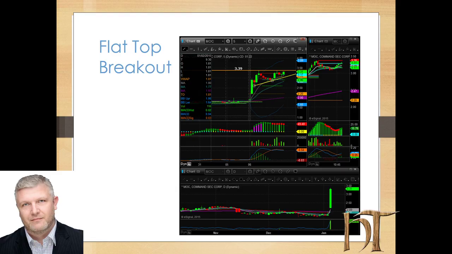Now, here's another flat top breakout. 339 is the high. We pop up initially, then we pull back, we pop back up, consolidate over 340, that was a spot, and then it spiked up to, I believe, 375.